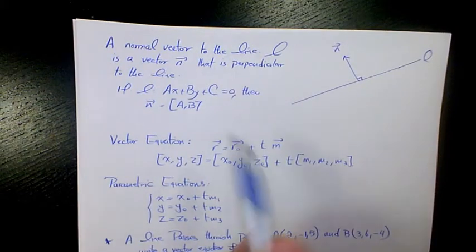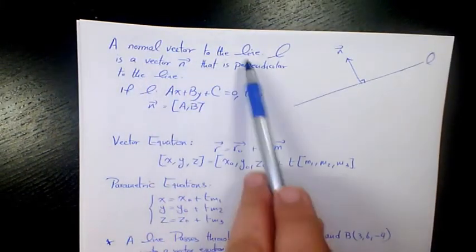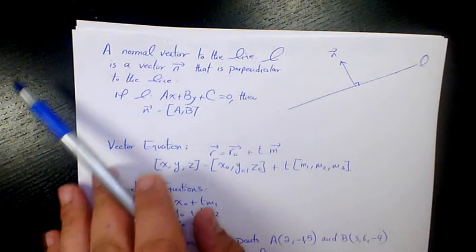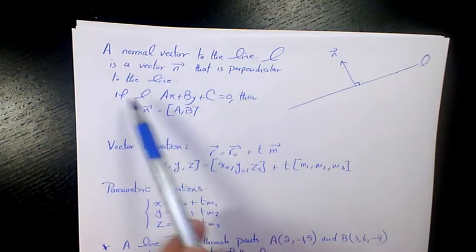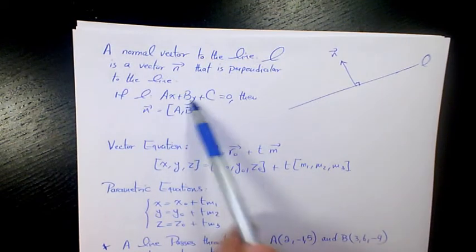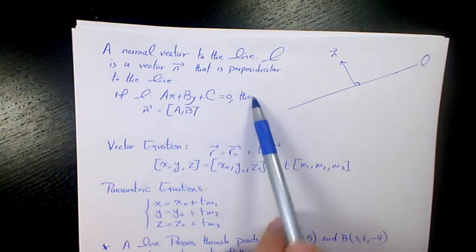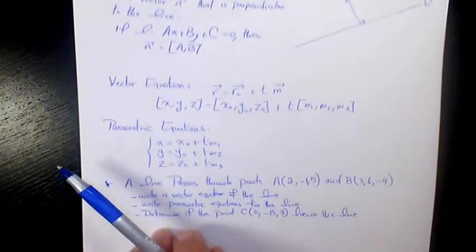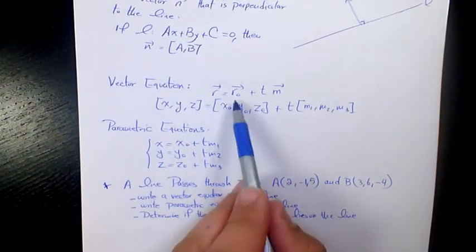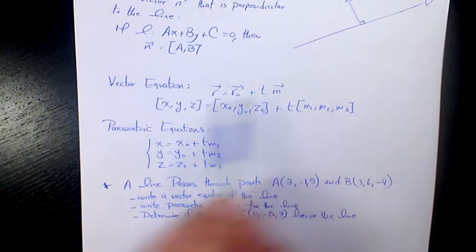So as we saw here, a normal vector to the line L is a vector n, which is called normal, that is perpendicular to the line. If L is ax plus by plus c equals 0, then n is ab. Vector equation is r equals r naught plus t times m.